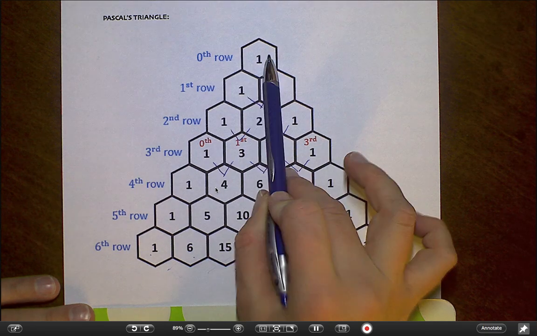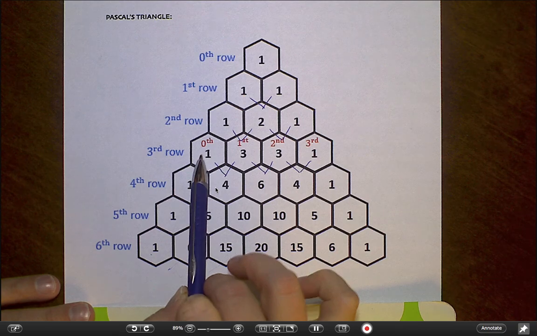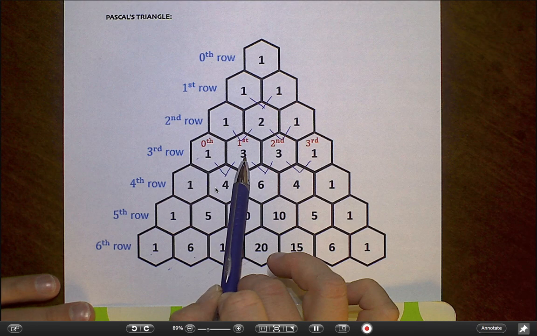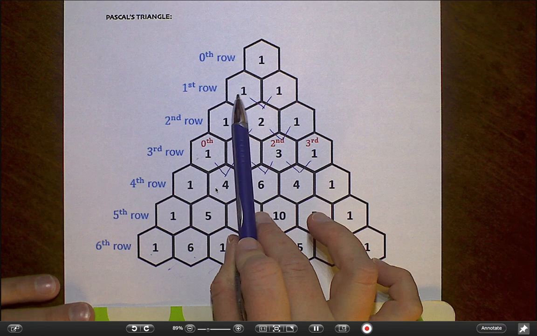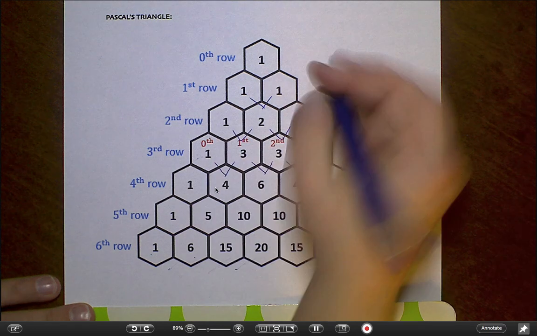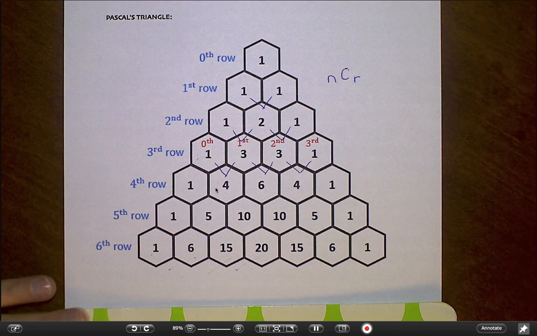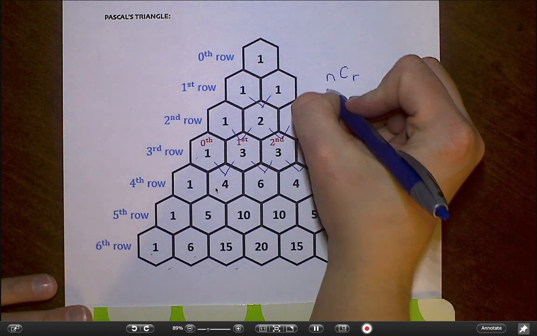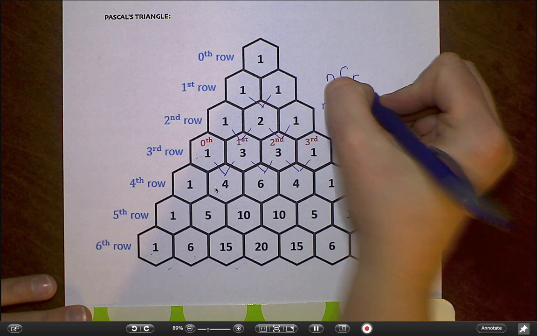If you label this as row 0, and then as you're counting the terms, we always count this as term 0. So term 0, term 1, term 2, term 3. What you're going to find is that each one of these numbers can be generated by that combination formula, the nCr, that we've been doing, where n is the row number and r is the term number.